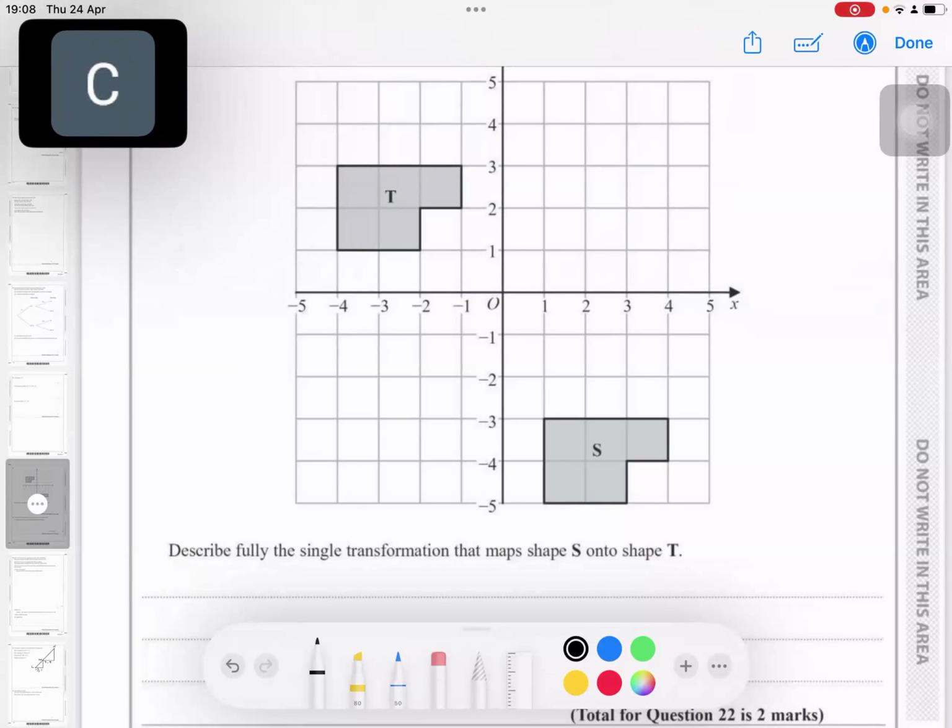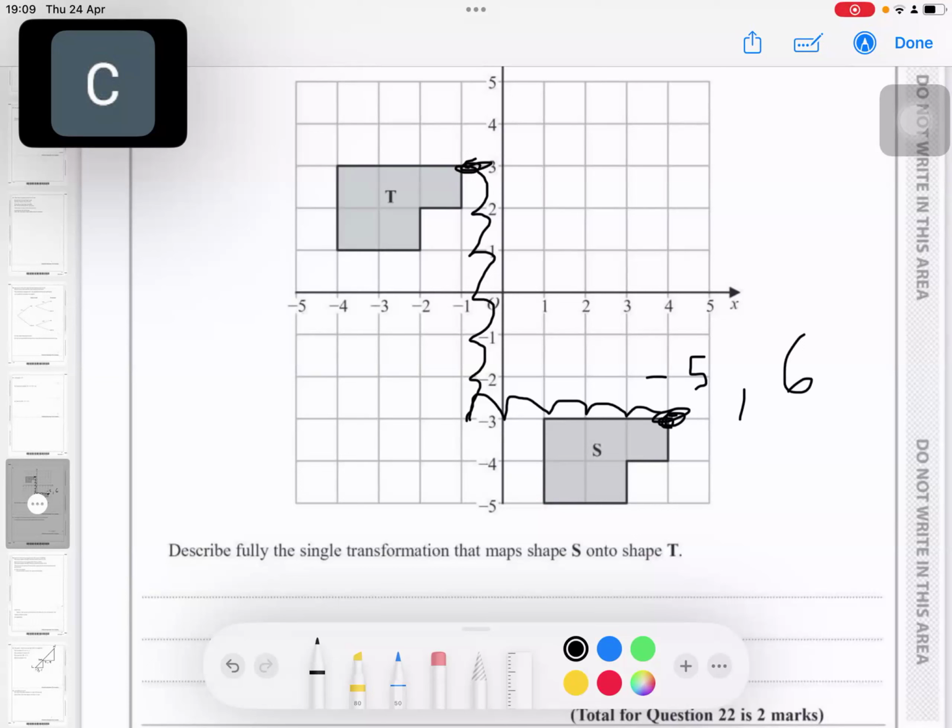So right there, 2, 3, 4, 5, minus 5, and 6.